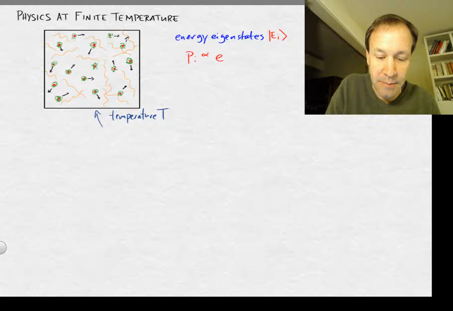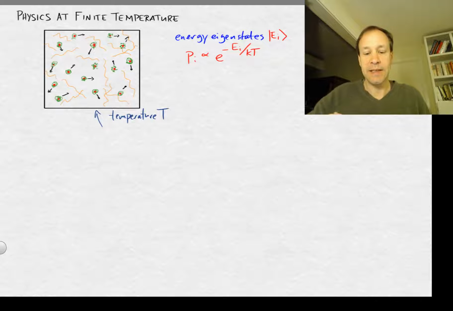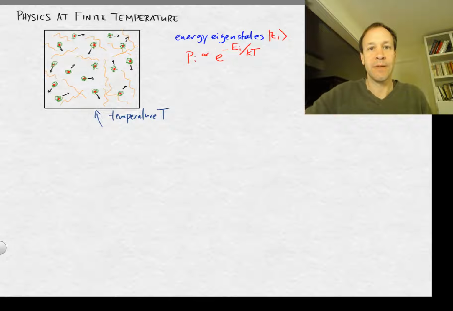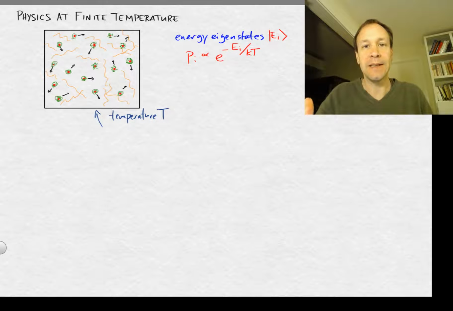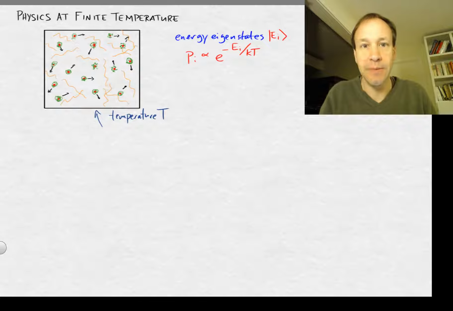It's e to the minus E_i divided by kT. What that means is that higher energy states are less likely, but the lower the temperature is, the more those higher energy states are suppressed.